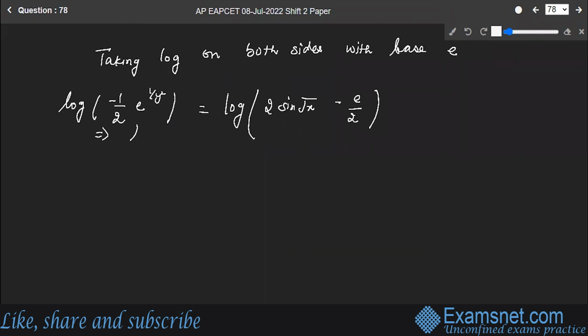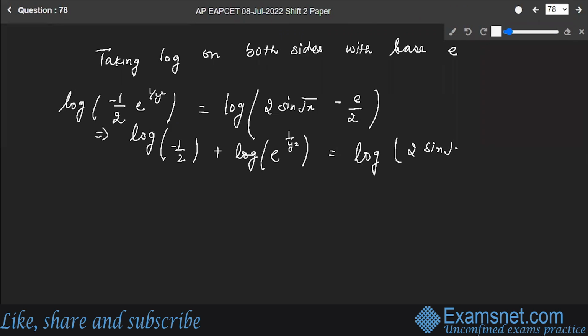So this is equal to log of minus 1 by 2 plus log of e raised to power 1 by y², I'll not touch it, I'll keep it as such. So log of minus 1 by 2 is actually log 1 minus log of minus 2.